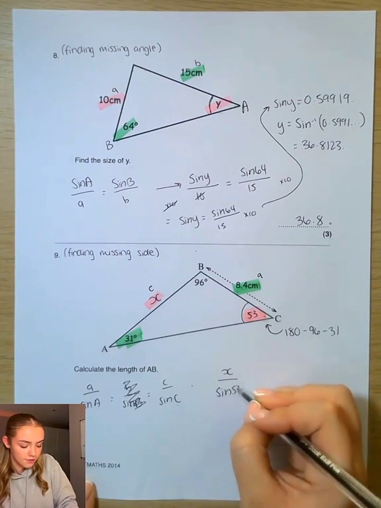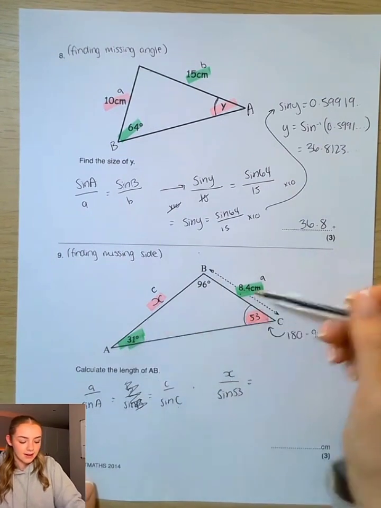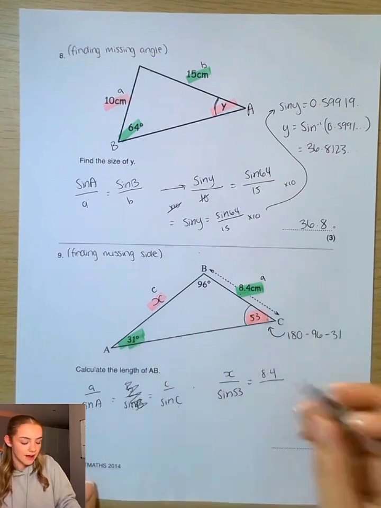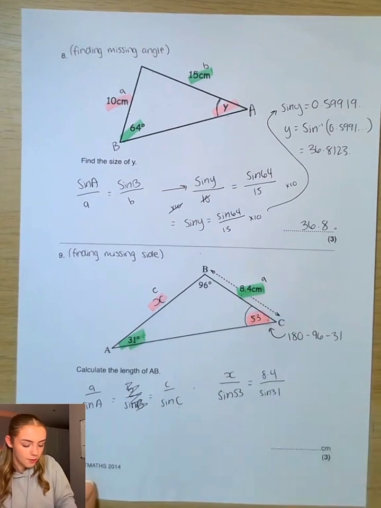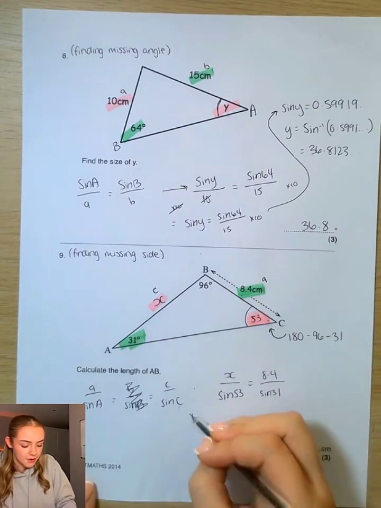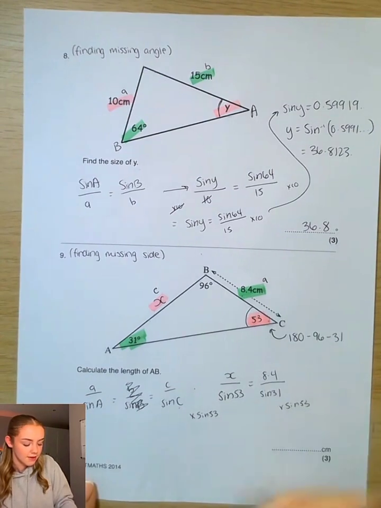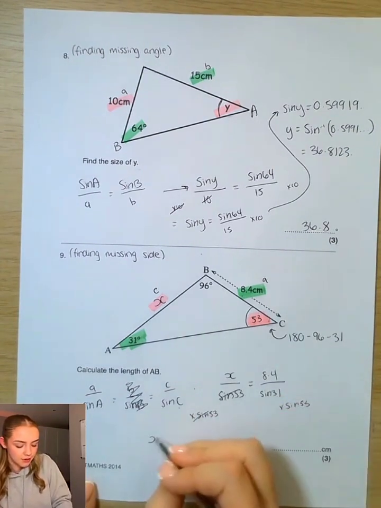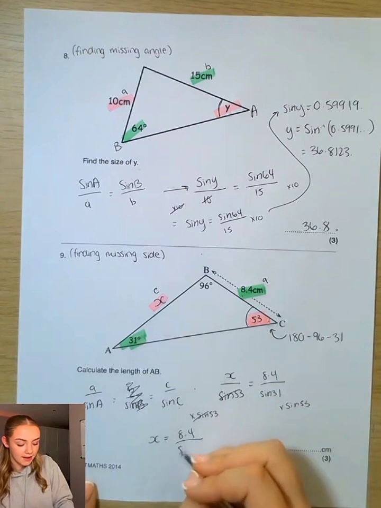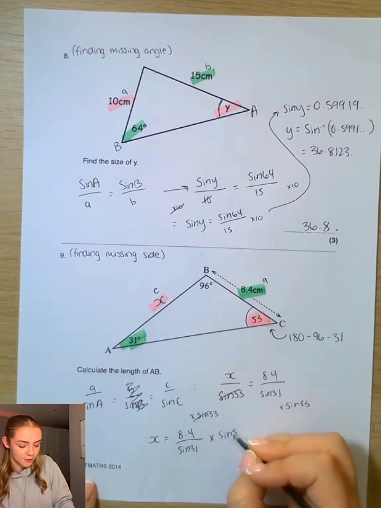So X over sine 53 is equal to A over sine A. Now side A is 8.4, divided by sine of angle A, so that's sine 31. Now to get X on its own, if it's divided by sine 53, we want to times both sides by sine 53 to get rid of that denominator. So these will cancel out, and that will leave us with X is equal to 8.4 over sine 31 times by sine 53.